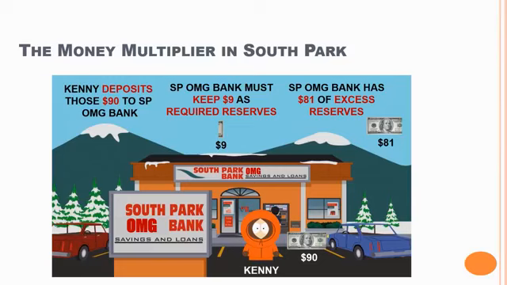Because if you don't understand that, you can't understand monetary policy. Because monetary policy is all about influencing the amount of money that commercial banks can lend out. So you need to understand this process of fractional reserve banking, and of course the idea behind the money multiplier.